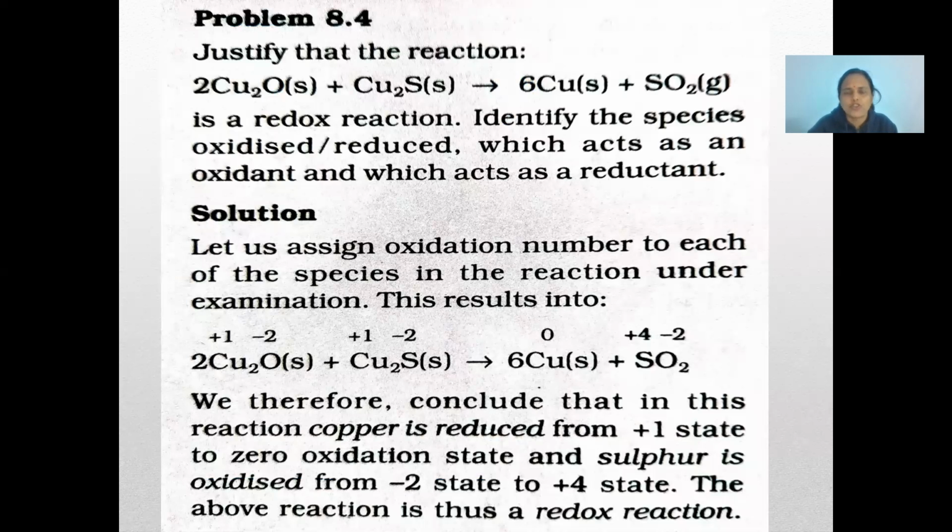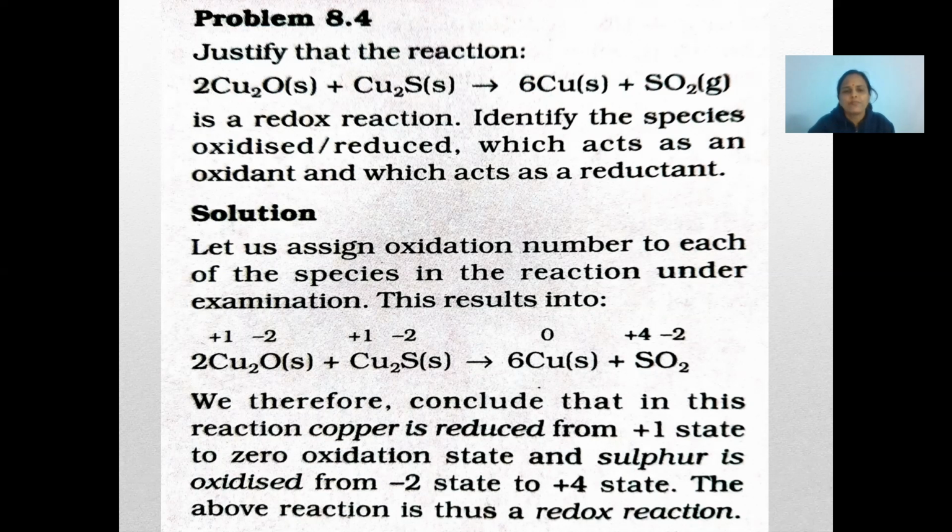Next, look at this question. The question is, justify that the reaction 2Cu2O plus Cu2S gives 6Cu plus SO2 is a redox reaction. Identify the species oxidized, reduced, and also which acts as an oxidant and which acts as a reductant.